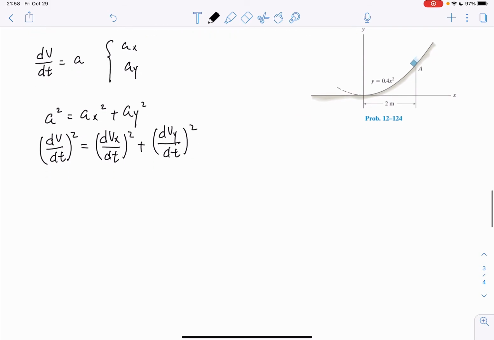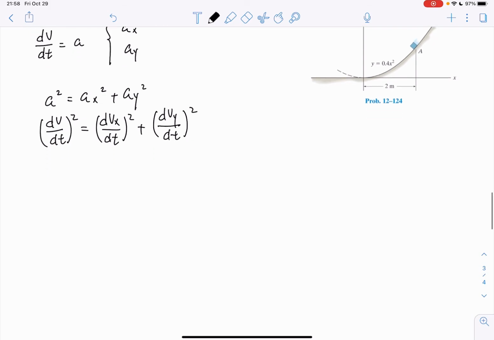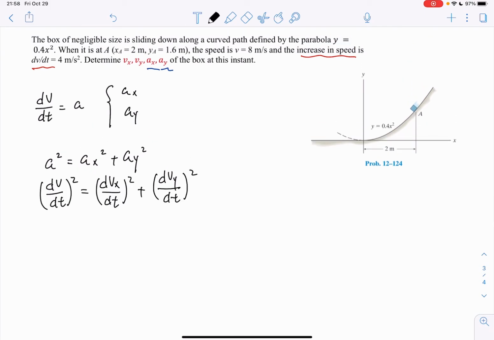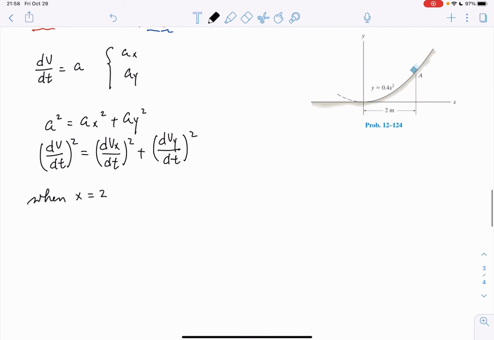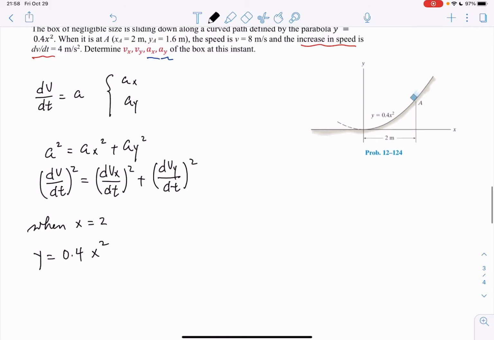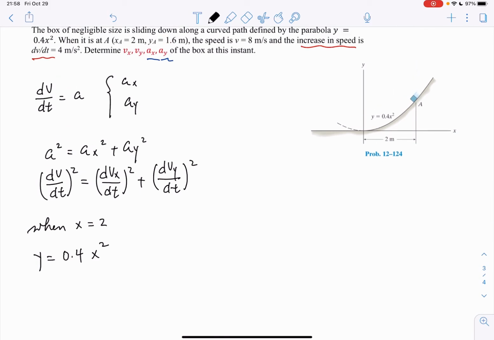Okay, so now we are going to do this when x equals 2 from the problem. When x equals 2, we have the following: y equals 0.4 x squared. This is the path of the box, the parabola.